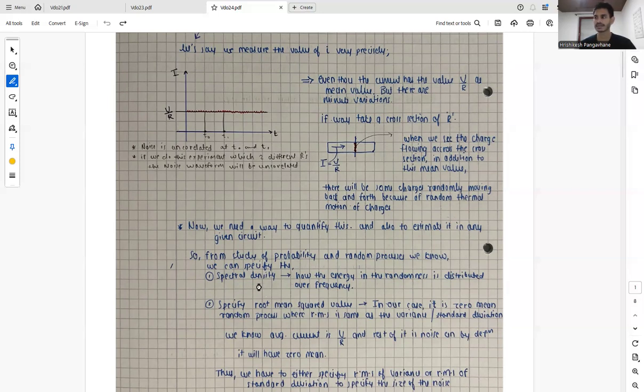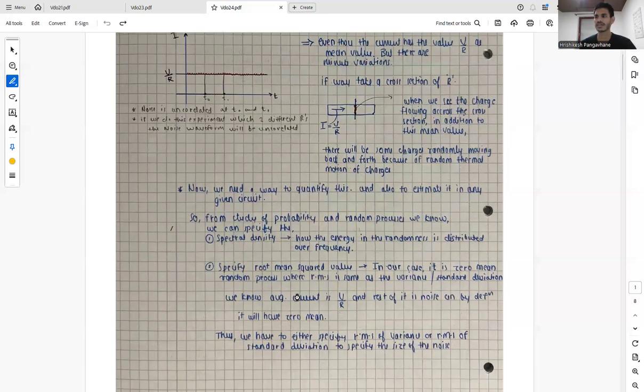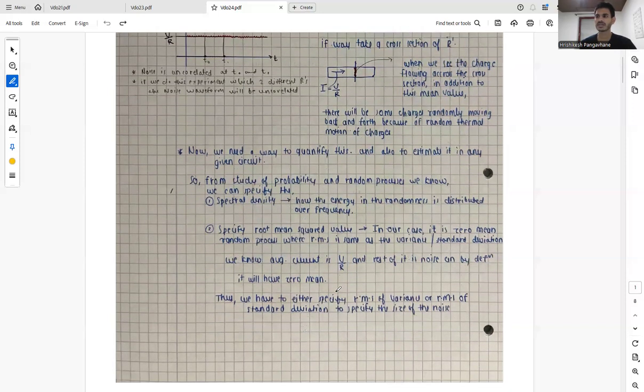In our case, the mean is 0, meaning it is a random process where the root mean square is the same as the standard deviation. We know the average current is V by R, and the rest of it is noise, which by definition will have 0 mean. Thus, we have to specify either the root mean square or the standard deviation to specify the size of the noise.